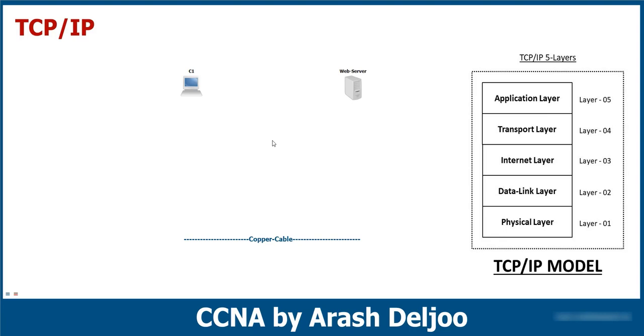Because of that, for each and every task in the network, we need to use applications. Each application can do one or more tasks, but we need many applications for doing many tasks in the network. Okay, let me give you one example.